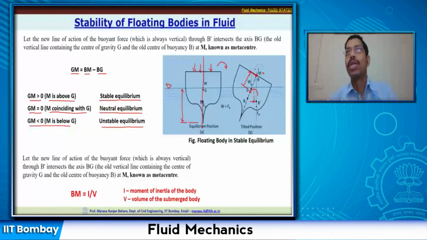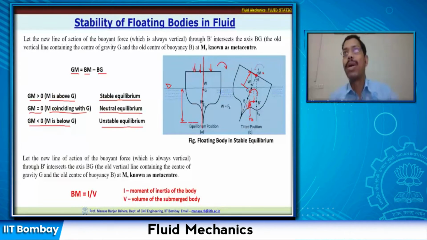Now, to understand that slightly more, let us say this metacenter M is going to come somewhere here, so your B dash falls on this left side. So you have a point here where this is your B dash and the FP is acting here. In that case, what will happen? Your W is on this side, FP is on this side, it will create one clockwise moment.